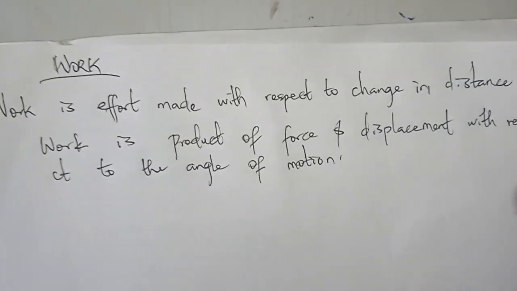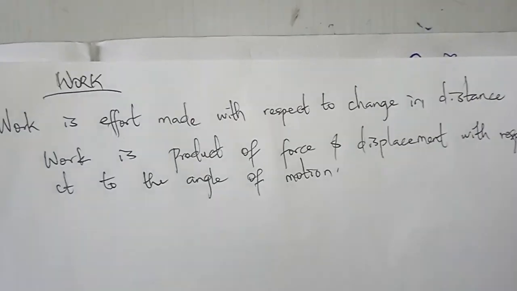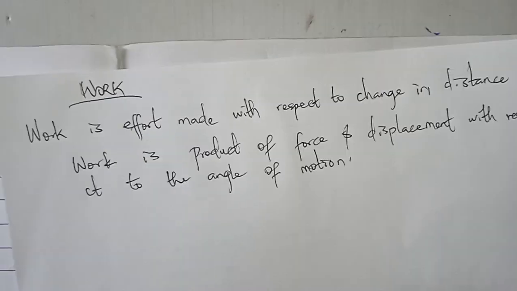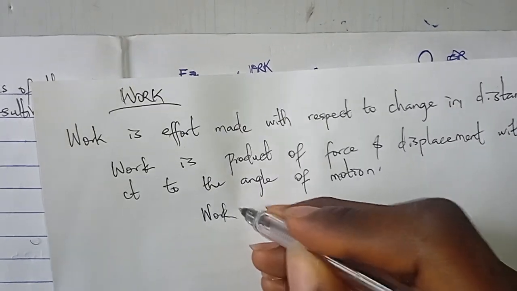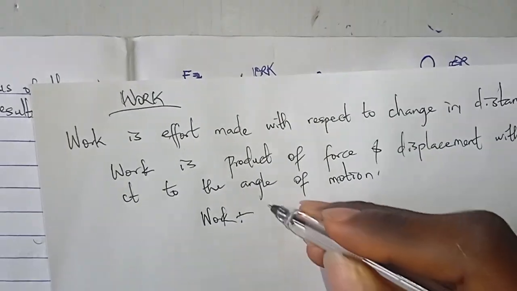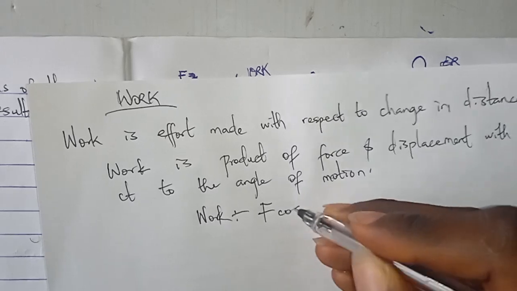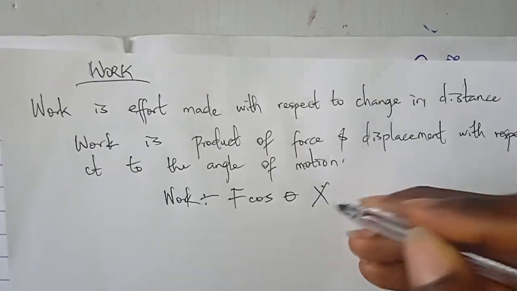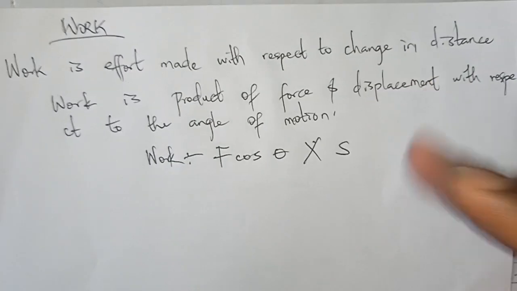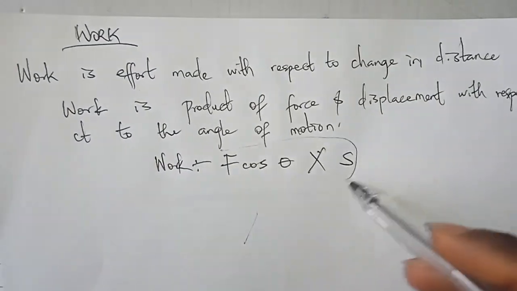So this is a better way to define work. Now, what do I mean? In physics, the formula for work is given by F cos theta, then times displacement. This is the general formula of work.